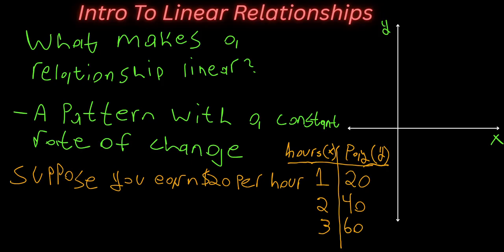And this is a constant rate of change, you'll notice. For every hour that increases by 1, your pay increases by 20. Then you increase another 20 for your pay, and another hour.